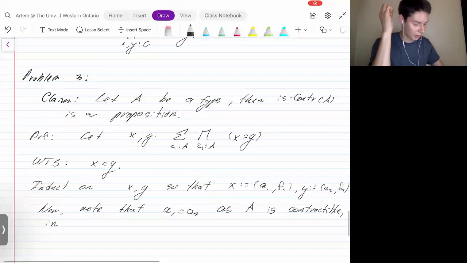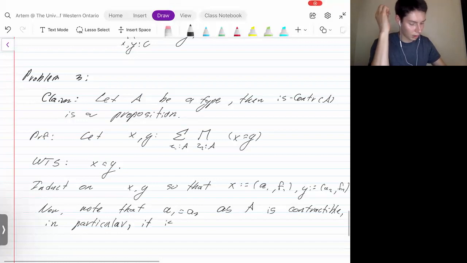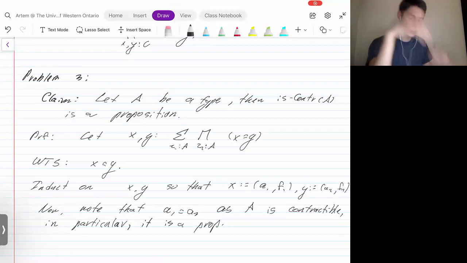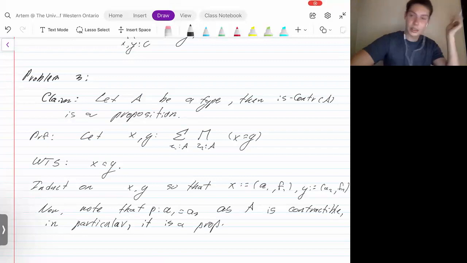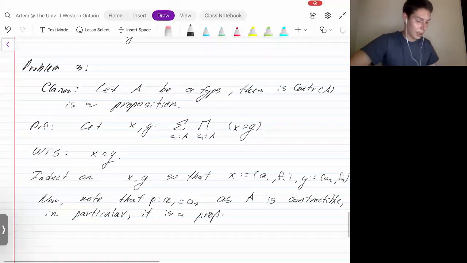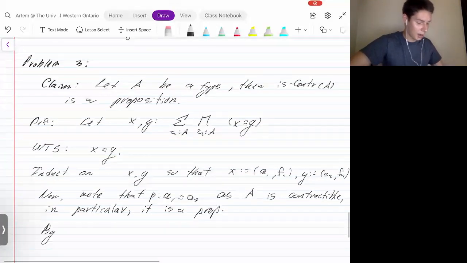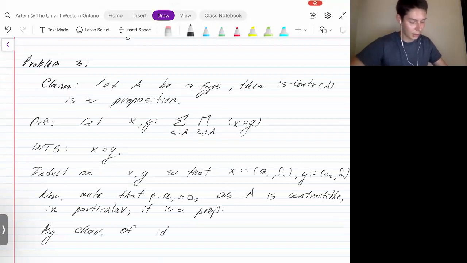In particular, again, it is a proposition. So we do have a witness, let's say P, that these two are equal by characterization of identity in sigma types.